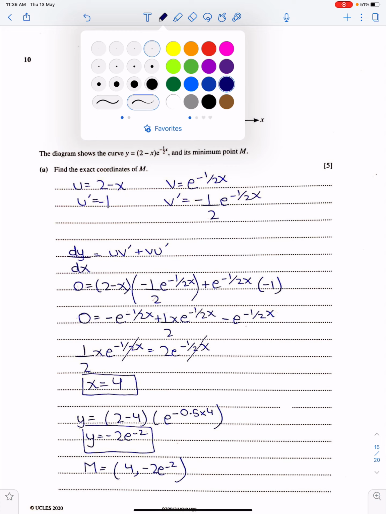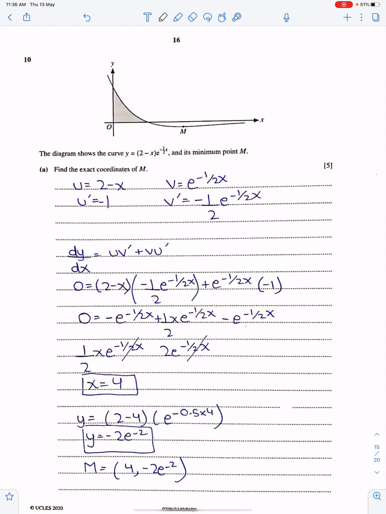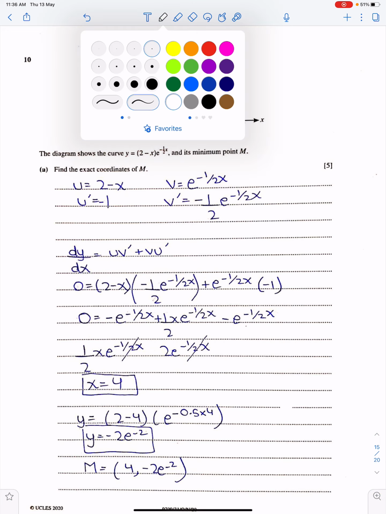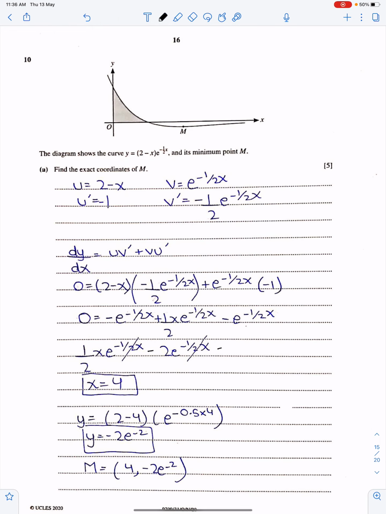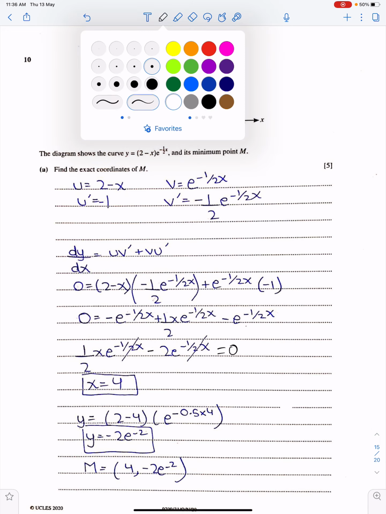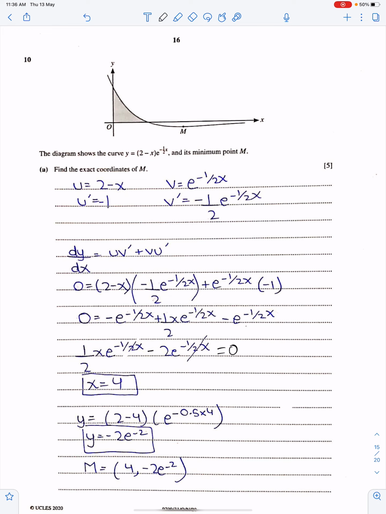It's always better to factorize the equation rather than cancel the terms.